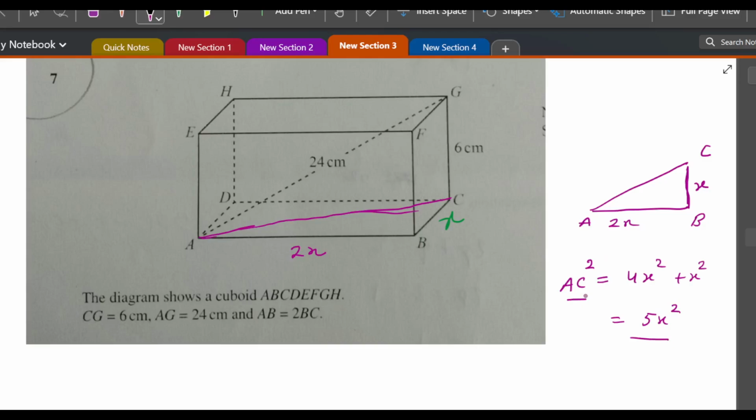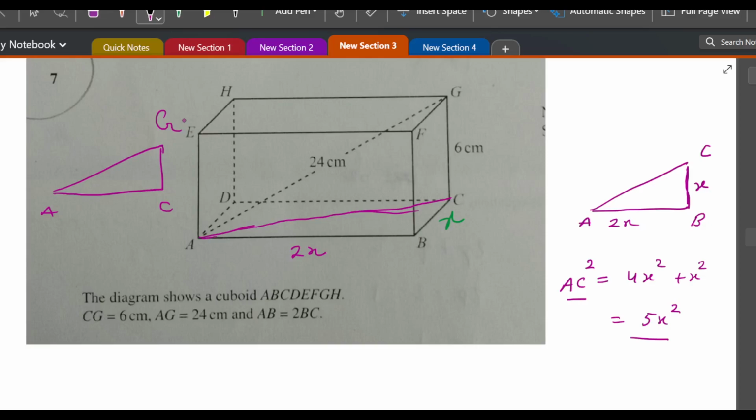Now let us draw a triangle once again, triangle ACG. Let me show this AC as a horizontal line, and then CG is perpendicular to AC.